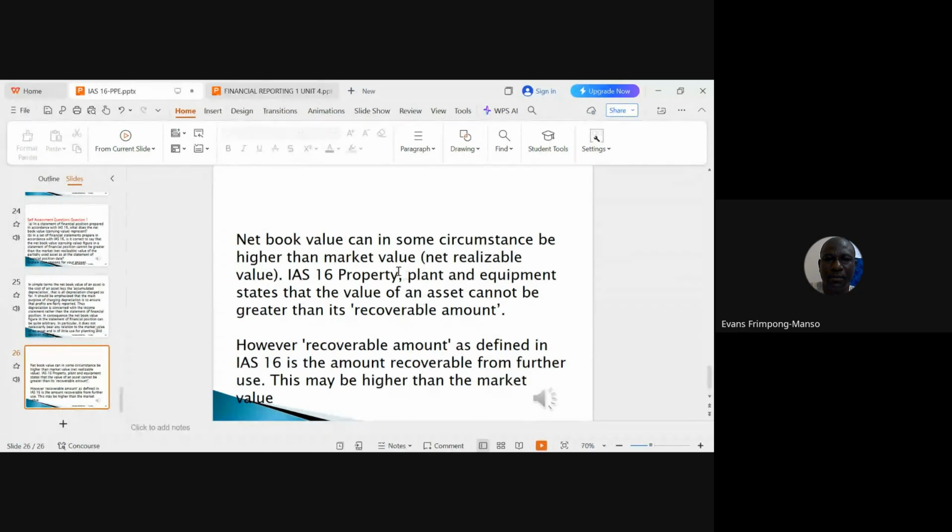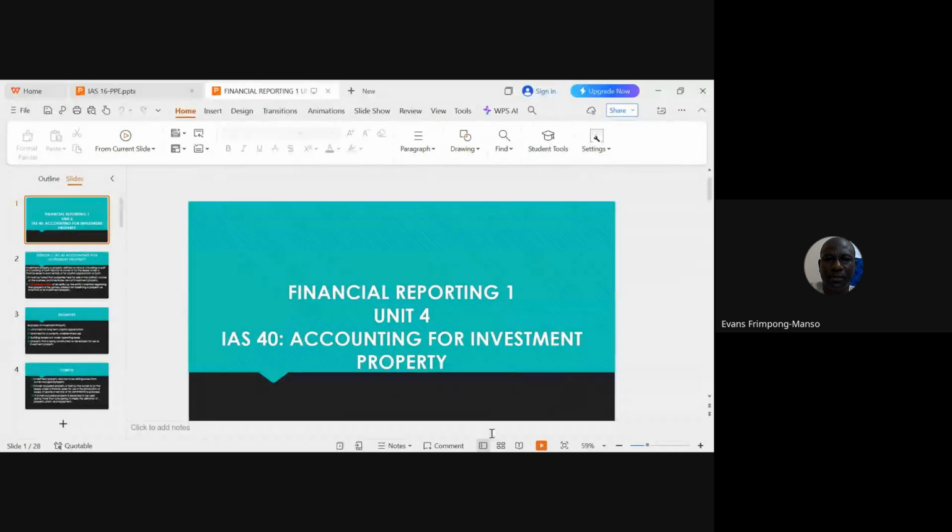Now, let me quickly also look at IAS 40. I've told you IAS 40 talks about investment property, so let's look at that one also. I'll stop sharing now and let's see how we can find investment property and show it there also. There's just a slight difference between IAS 16 and IAS 40, investment property.